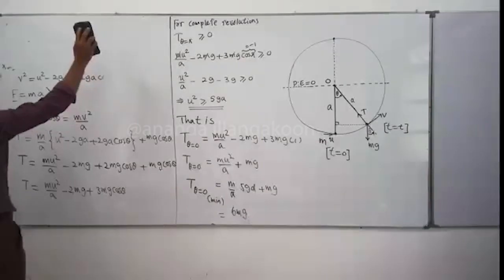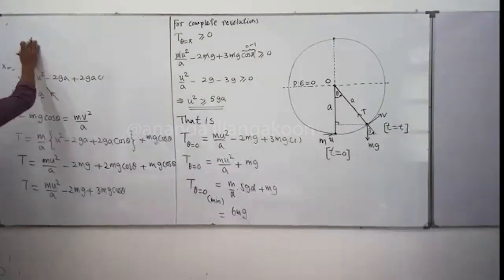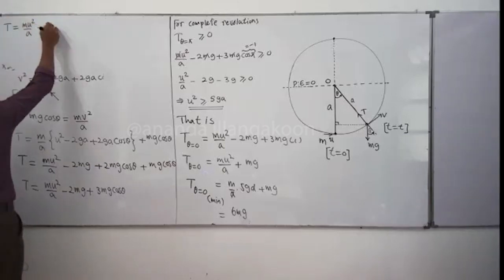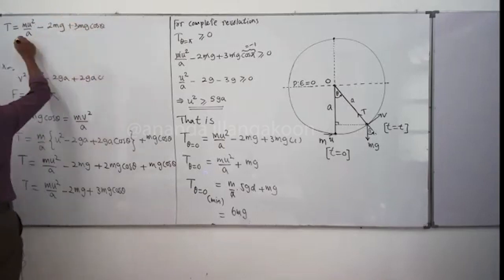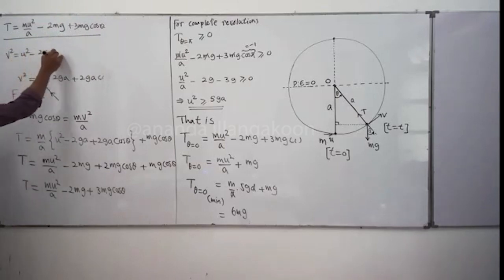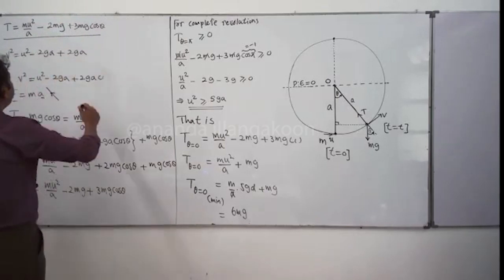Right, tension, no? I write the tension expression here. Tension expression is T equals mu squared upon A minus 2mg, right, plus 3mg cos theta. And the velocity we found: u squared minus 2ga plus 2ga cos theta, no?